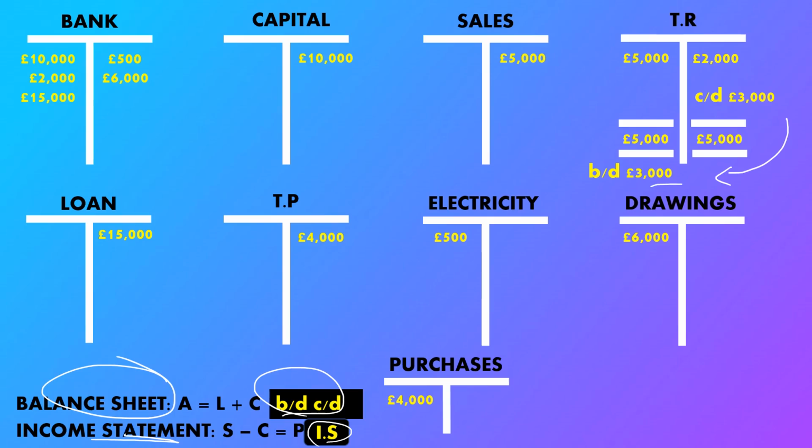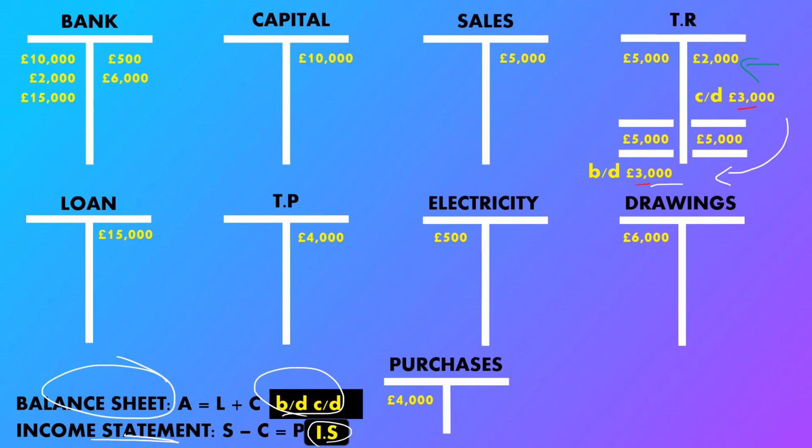Let me put this in context. Let's say we have two customers. One owe us £2,000 and the other owe us £3,000. Here you can see that one customer has paid £2,000 but the other hasn't. Therefore, that £3,000 has not been paid in the current period, and we will be carrying this amount forward to the next financial period as that customer still owes us that money.